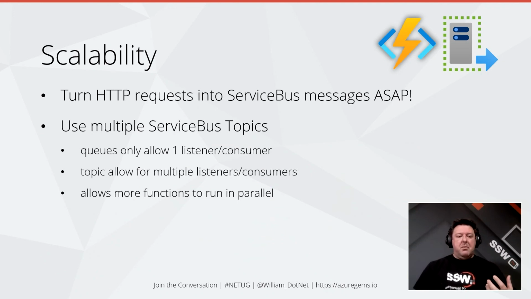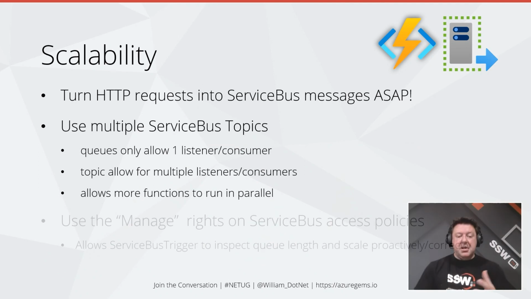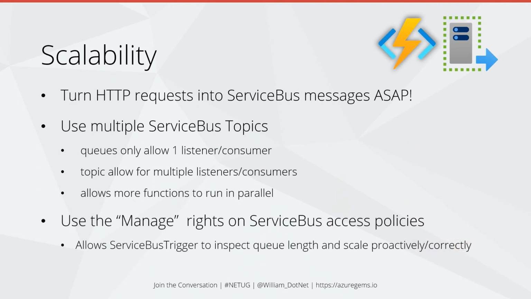But when you want to publish a message, fire and forget, and want to have one or more applications react to it, you have to use a topic. That way you can have multiple listeners to the service bus, and you can fire a message out. One message can then spark off three or four, as many Azure Function apps as you need, to process that message in parallel. So it's a nice way of scaling out your work.